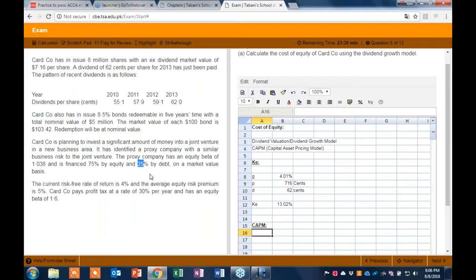And that higher risk is called financial risk. So any company which has a higher debt to equity ratio will always have a higher financial risk. So in case Card company has a higher debt to equity ratio, then it will also have a higher financial risk.